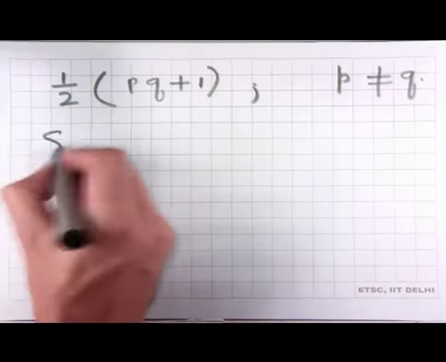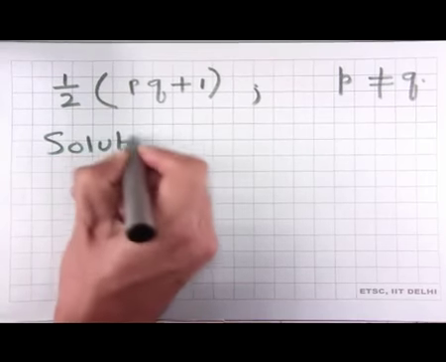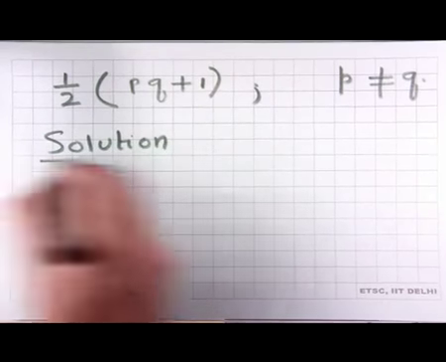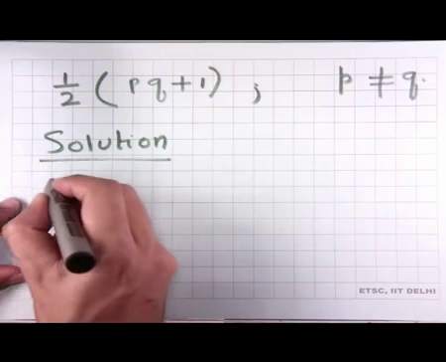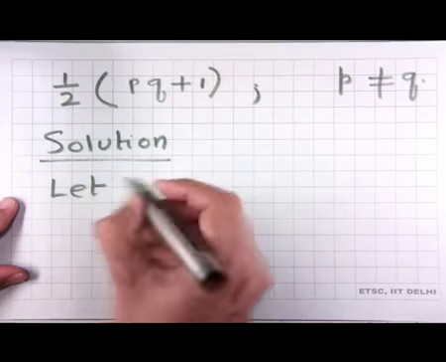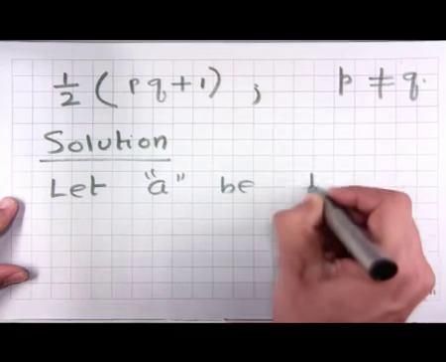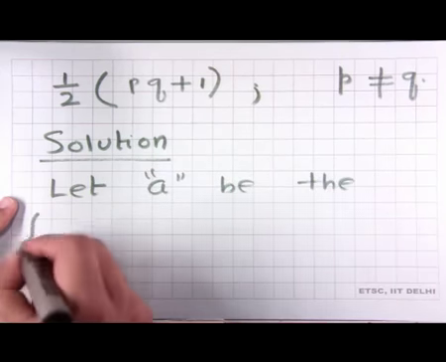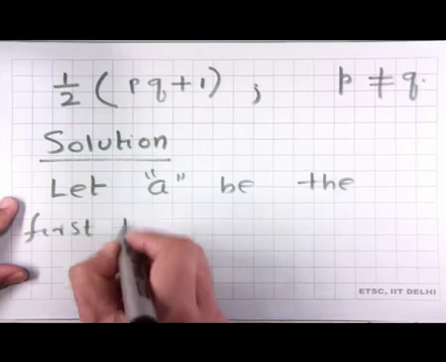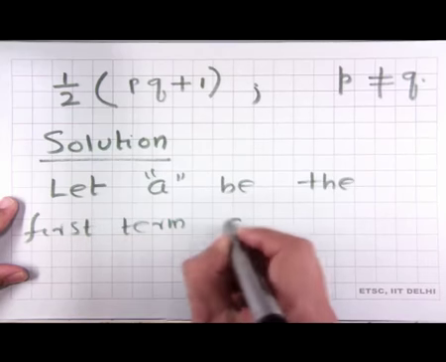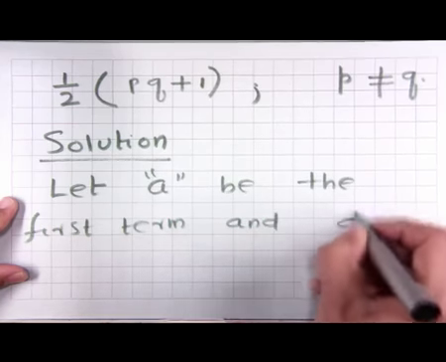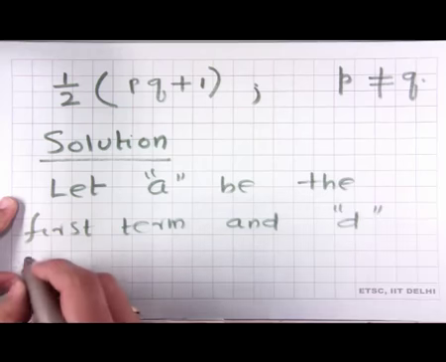For the solution, let A be the first term and D be the common difference.